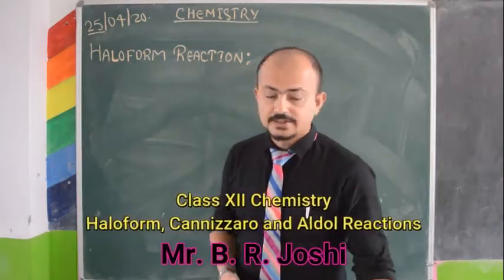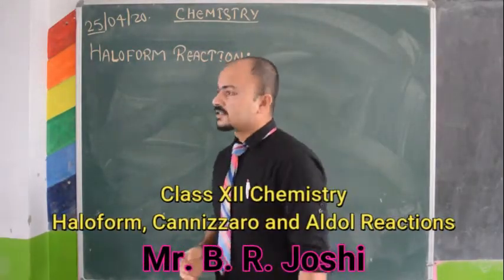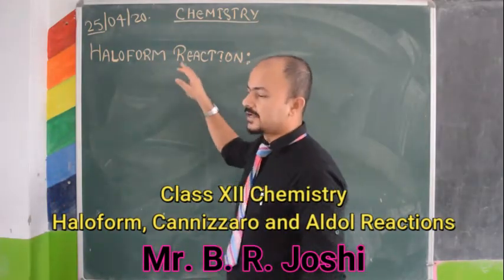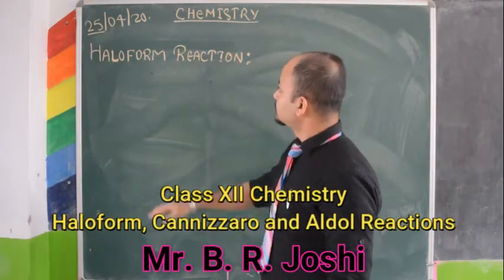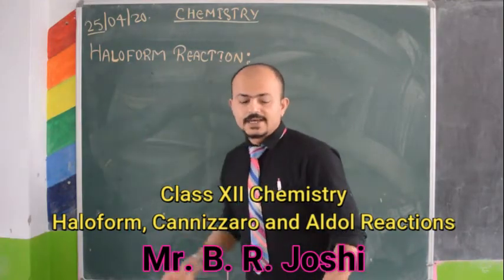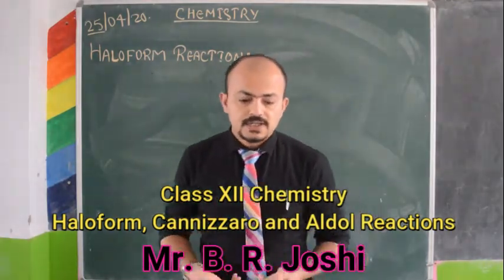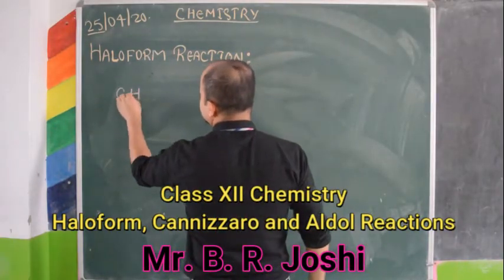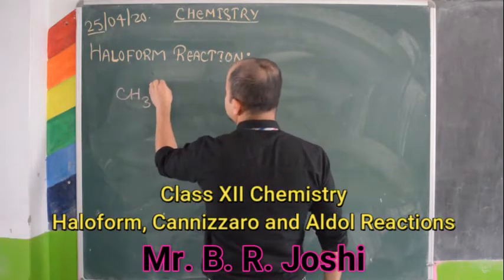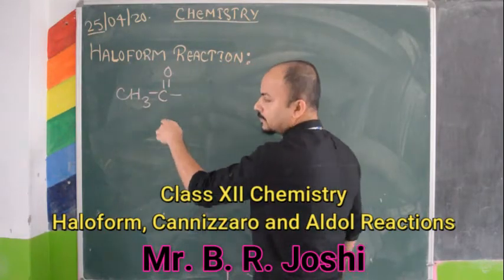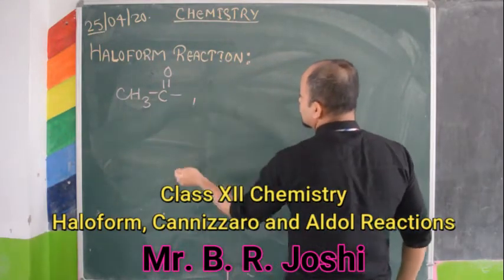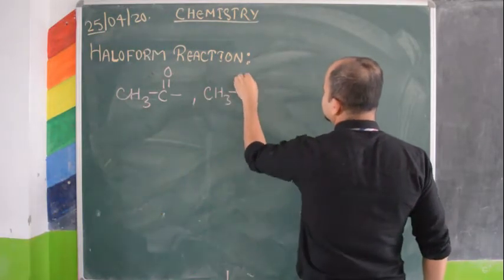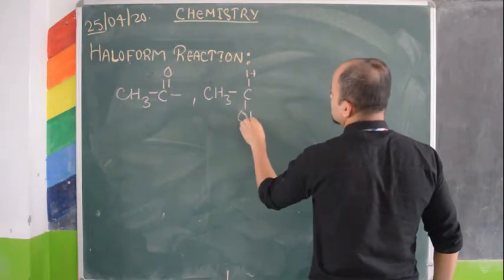Welcome back, students. Today's discussion is for class 2 and the topic is the haloform reaction. Now, this haloform reaction is given by those compounds which contain a CH3 C double bond O group, or the compound should contain a CH3 CH OH group.